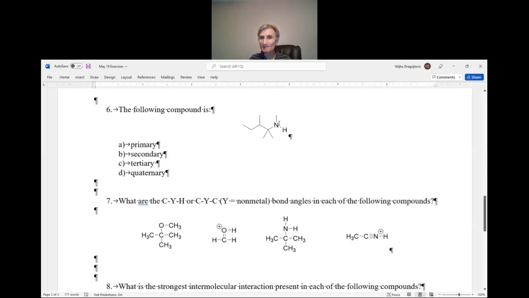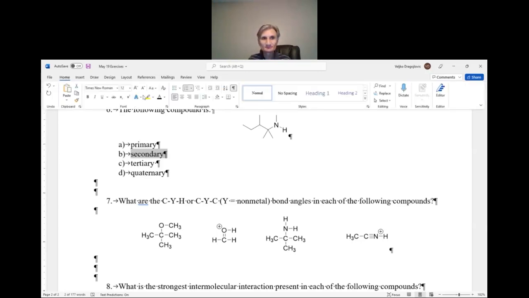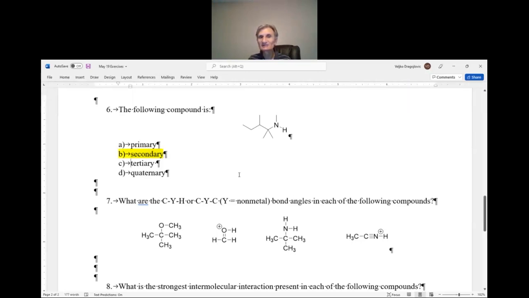That's primary. Two other carbon atoms? Well, this is a carbon atom and this is a carbon atom. Two carbon atoms, secondary. So that's the correct answer. Three carbon atoms will be tertiary. Four carbon atoms will be a quaternary ammonium salt, or you would just classify that as quaternary. So the correct answer is B, secondary.